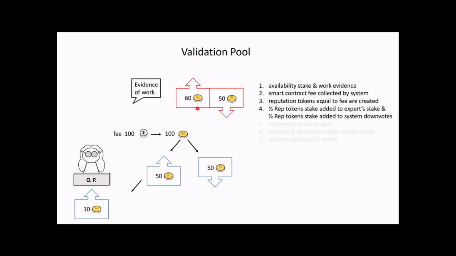So the validation pool is fair right now, but the 50 upvotes are staked in the original poster's name, who did the evidence of work, the original worker who did the job. So those new 50 tokens are in the original poster's name, and if he wins, he gets 50 new tokens. Okay, and that's the reward for driving.